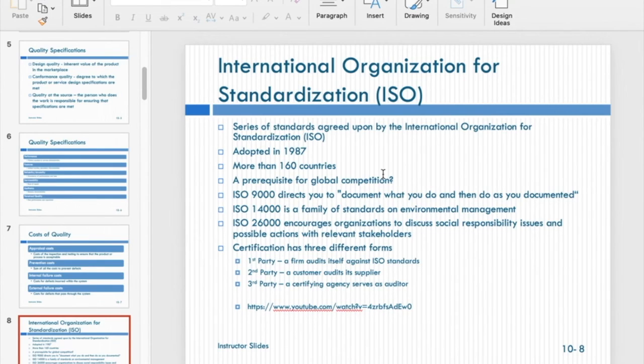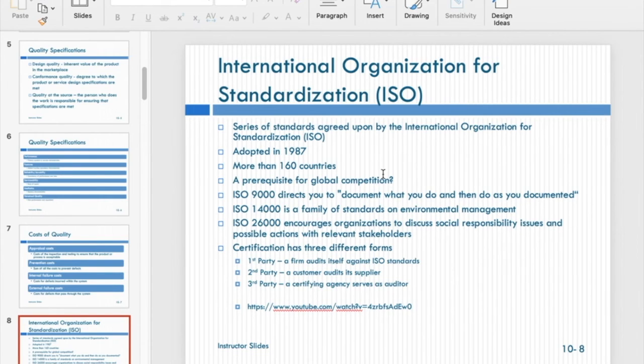Then let's look at ISO 26000. For quality management, we need to look at our own profit. That's right. But besides that, we need to look at environmental sustainability. That's what ISO 9000 and ISO 14000 already deal with. ISO 26000 deals with the social responsibility related to quality management.